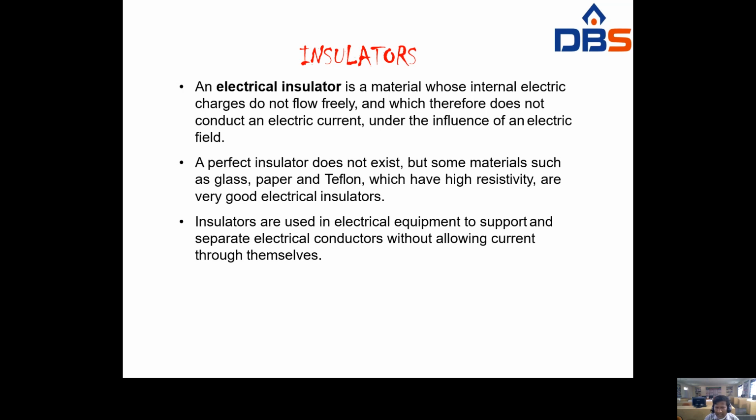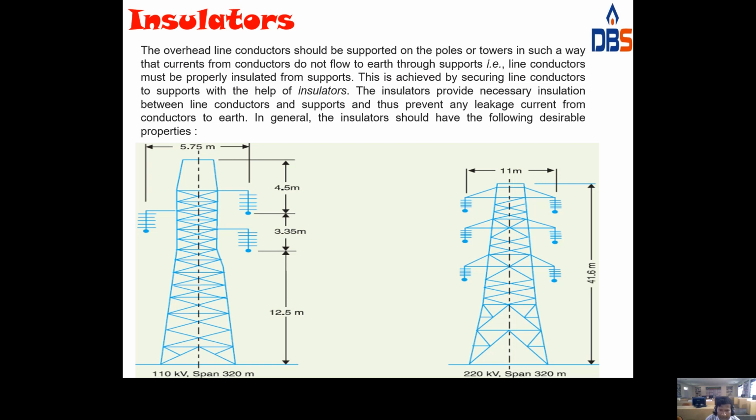Some materials such as glass, paper, and Teflon have high resistivity and are very good electric insulators. Insulators are used in electric equipment to support and separate the electric conductors without allowing current through themselves.